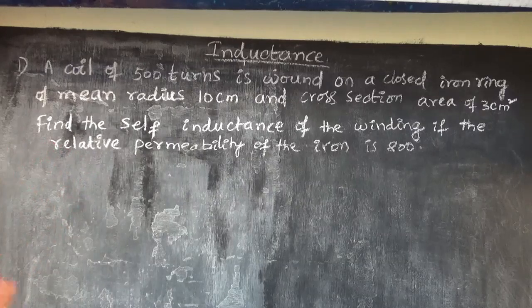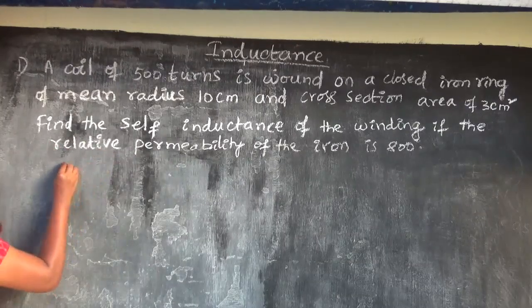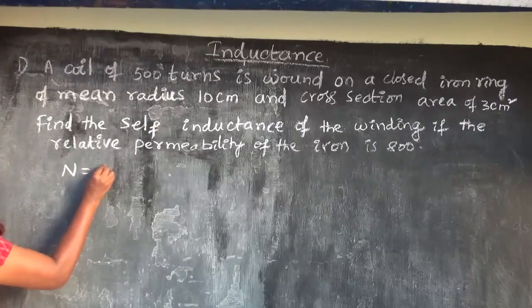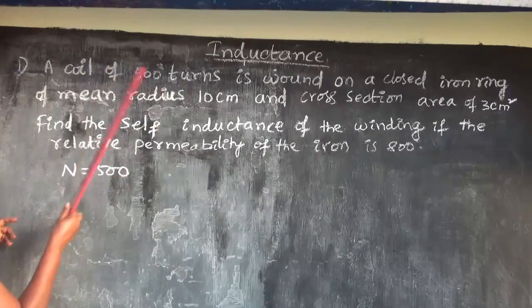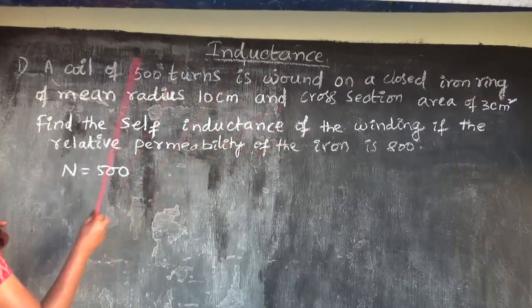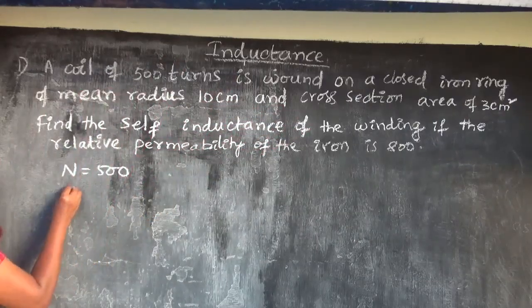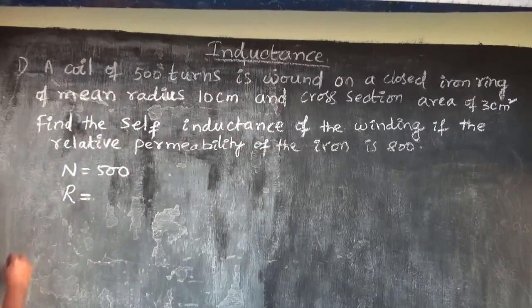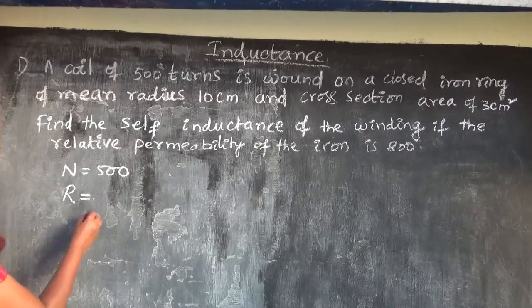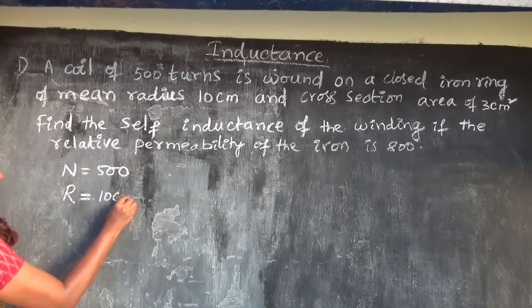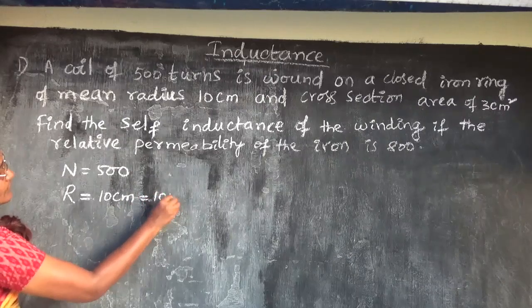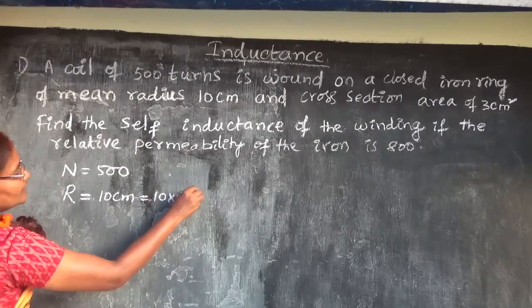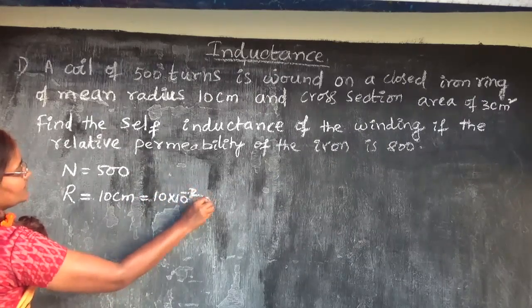So first we will write what is the data given. N equal to 500 turns, it is given here. And the mean radius is nothing but capital R, and this capital R is 10 centimeters, which is equal to 10 into 10 to the power of minus 2 meters.